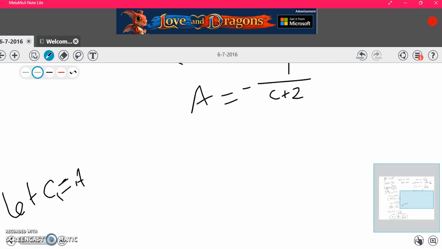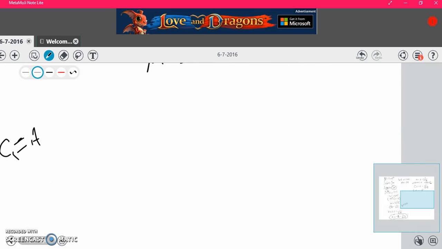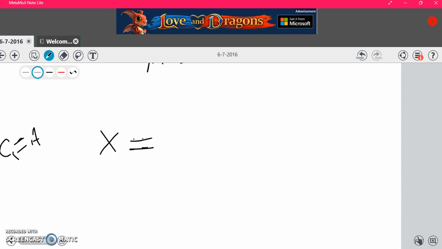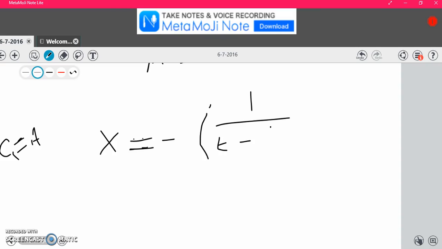Okay? So now all we do is plug everything back in just to get our final equation. It equals -1 over t minus our a, which is why we have the minus sign there, minus c plus 2.